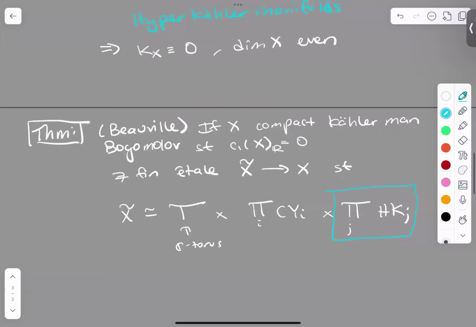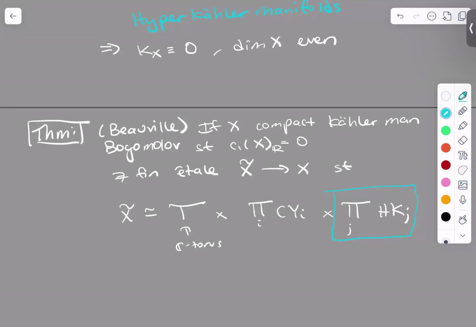Okay, and I should say that this isn't relevant for the talk today, but this classification theorem that I've written down, this statement about compact Kähler manifolds with trivial first Chern class being built from these pieces, really relies on some really difficult mathematics, and in particular, results by Yau about existence of Ricci flat metrics.